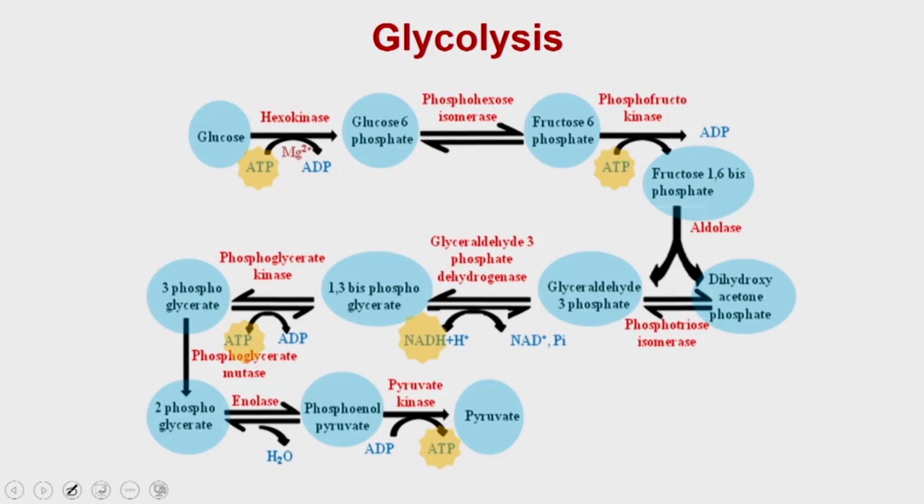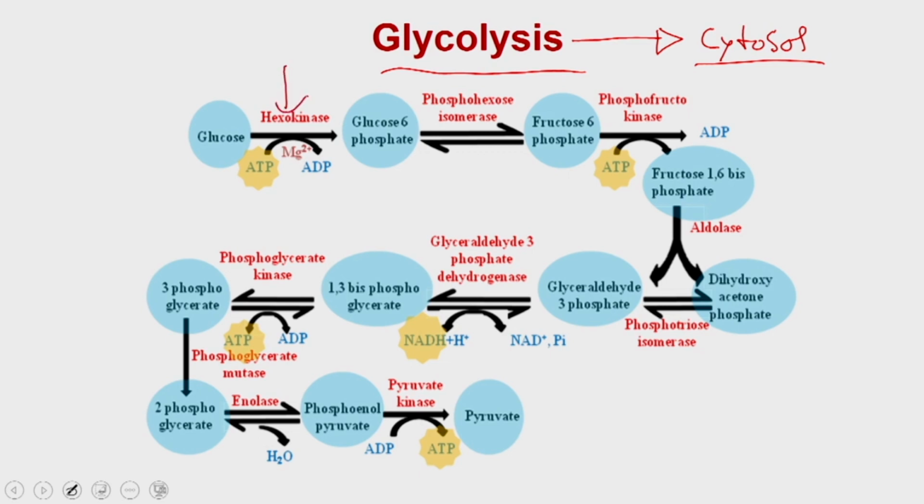The first metabolic pathway we are going to discuss is glycolysis. Glycolysis operates in the cytosol of the cell, whether it is the bacterial cell or the eukaryotic cell. The first reaction required to channelize the glucose molecules into glycolysis is catalyzed by an enzyme known as hexokinase.